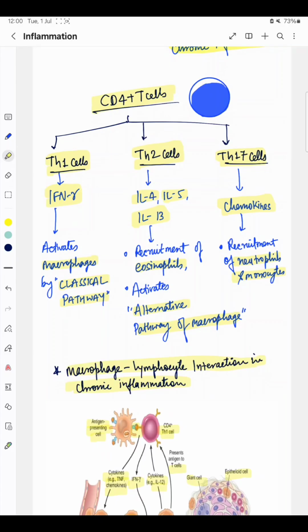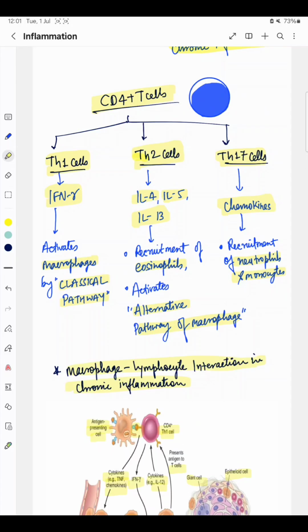Helper T cell 1 secretes interferon gamma, which activates macrophages by the classical pathway, as we have already discussed regarding the action of classically activated macrophages earlier. Th2 cells secrete interleukin 4, interleukin 5 and interleukin 13.